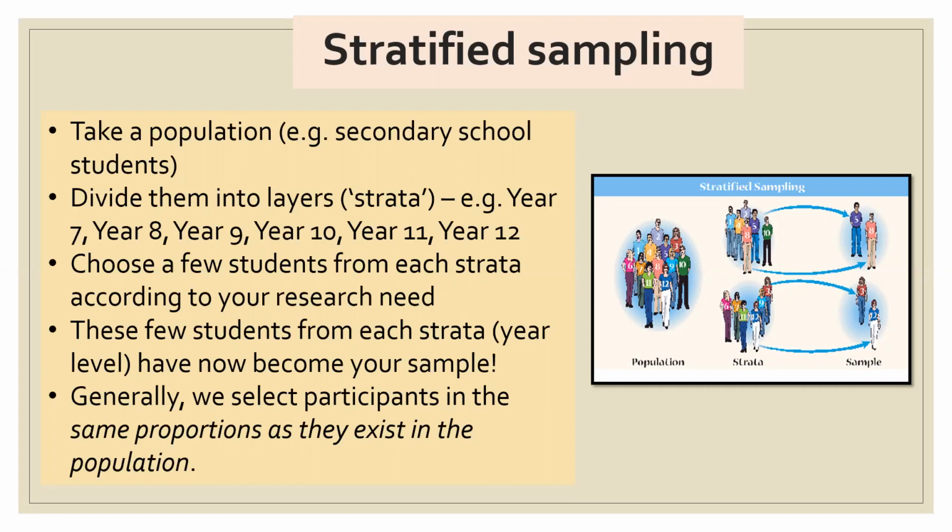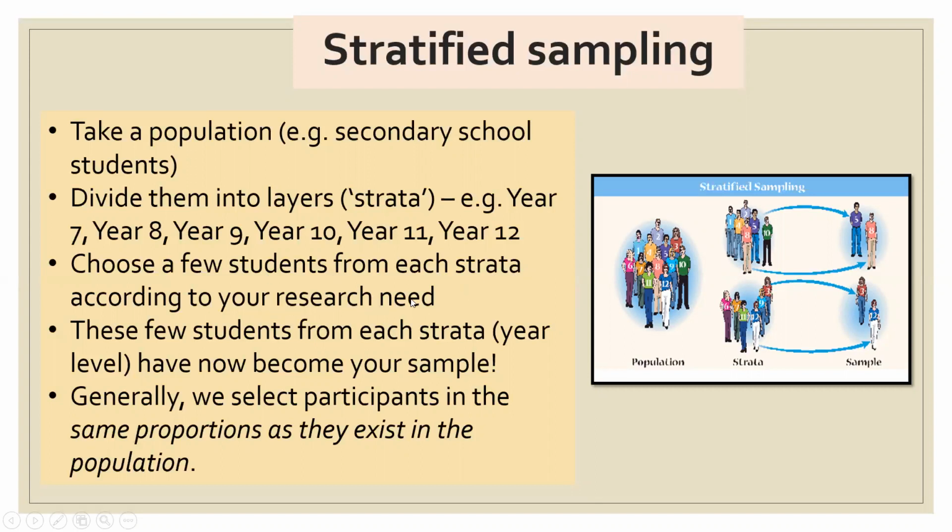Or if I'm studying the impact of high literacy skills on essay writing, I might then pick the best English students from year 7, the best from year 8, the best from year 9, the best from year 10, 11, and then 12.